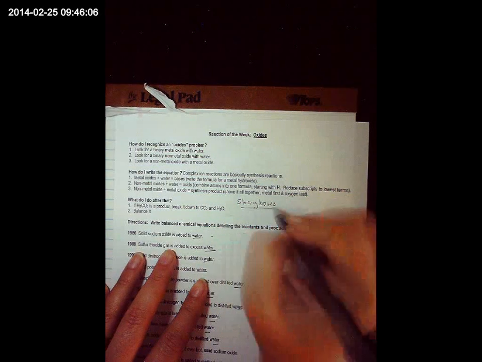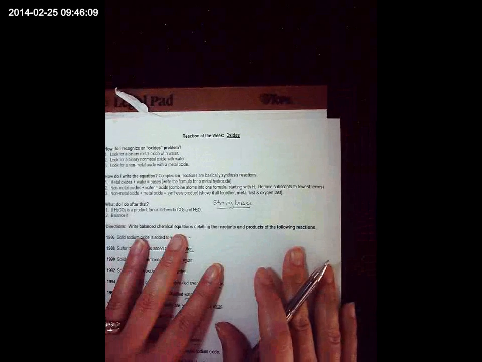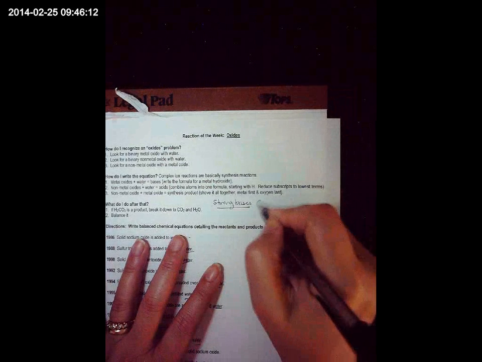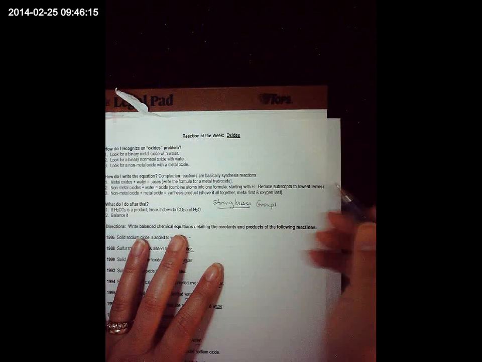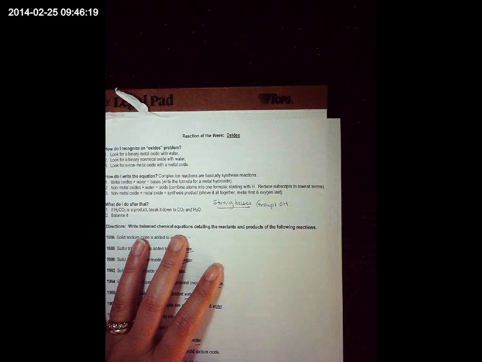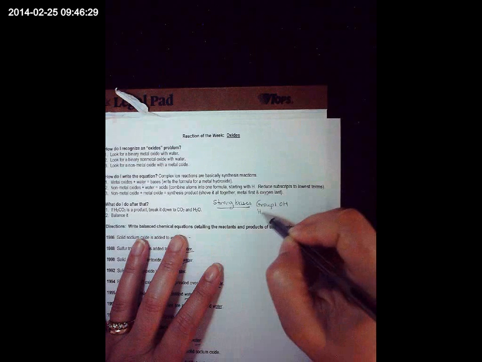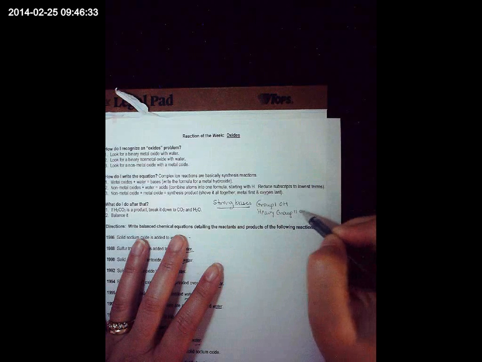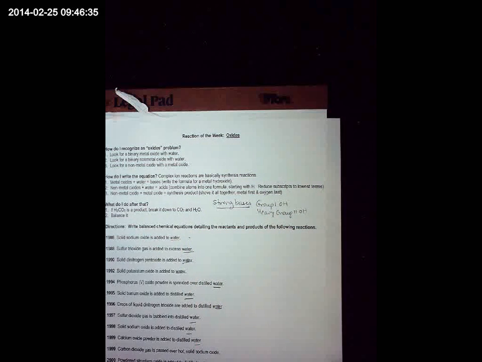You're going to have to remember that the strong bases are hydroxides with any of the alkali metals. So a group 1 hydroxide or a heavy group 2. So for instance, calcium hydroxide, strontium hydroxide, barium hydroxide.